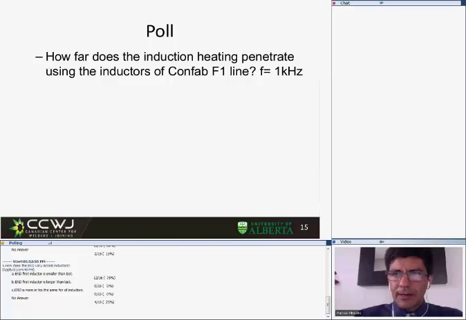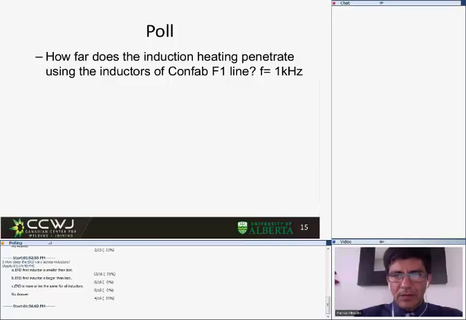All right, I think we can do one more poll here. Now let's get a little bit quantitative. We have this formula, and how deep does the induction heating penetrate using the inductors of the Confab F1 line? The frequency at Confab is 1 kilohertz.